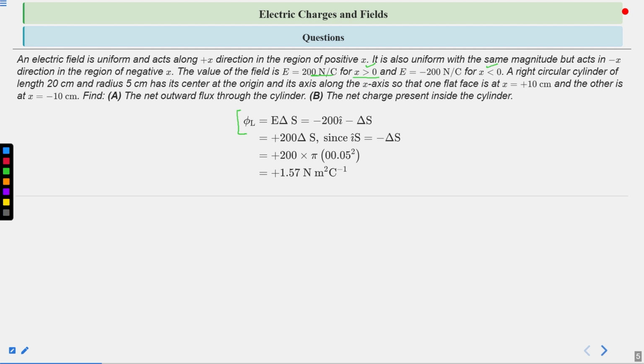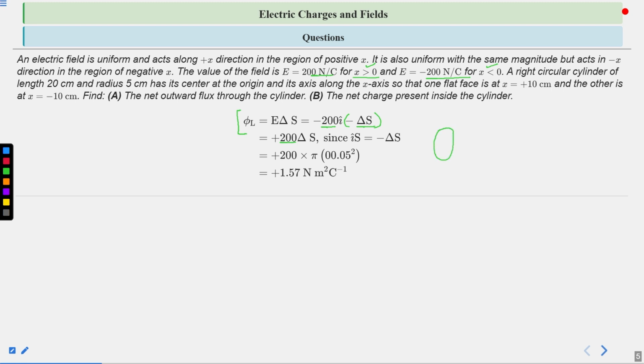If we talk about the negative x axis, the value of E is along minus x axis, so it will be minus 200. The direction is along minus x axis, so minus sign, and delta S. Here delta S is negative because the direction of the area element is perpendicular to the face of the circular cylinder.